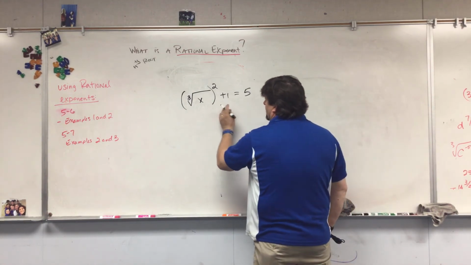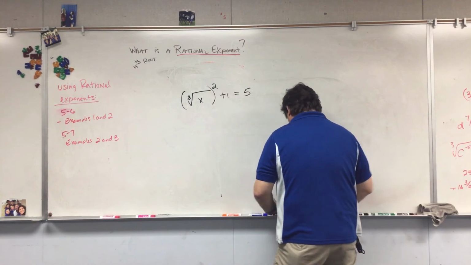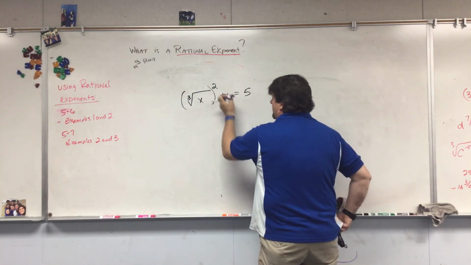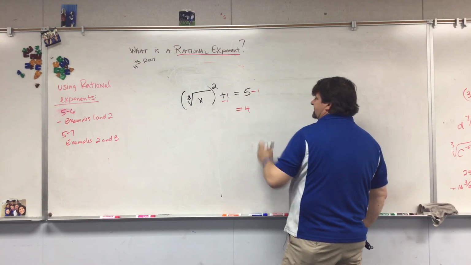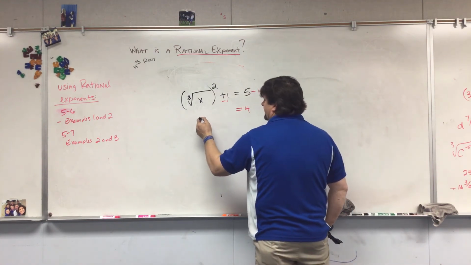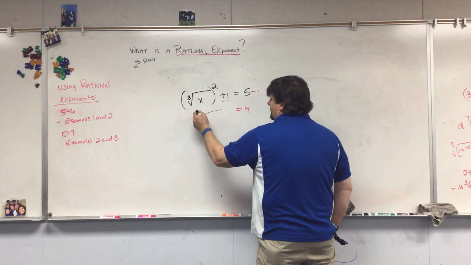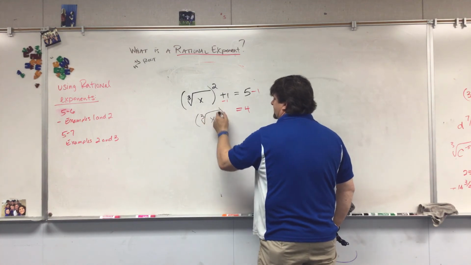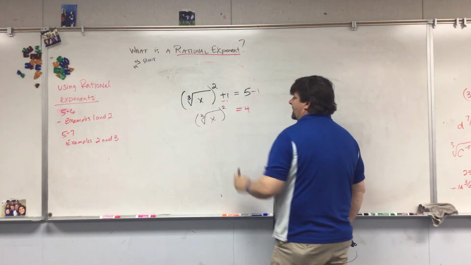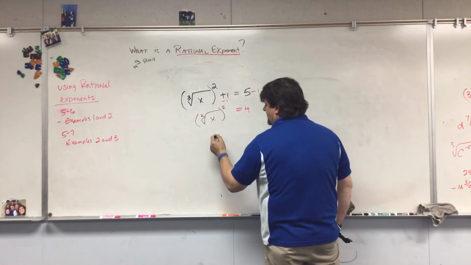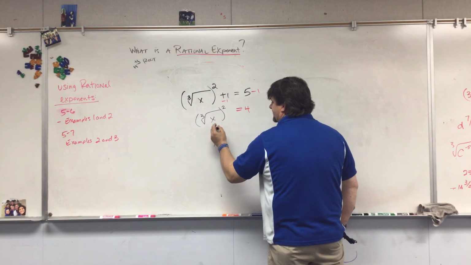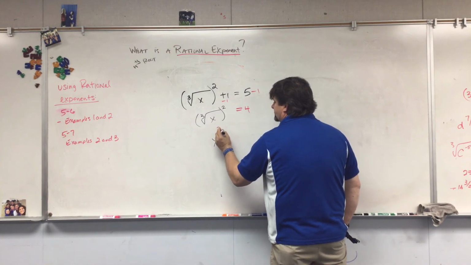All right, so I have to get this all by itself. So I'm going to move the 1 over. I'm going to get 4 because I subtracted 1 from both sides. That leaves me with the cube root of x squared. I'm going to make this into a rational exponent, which gives me x to the 2/3 power.